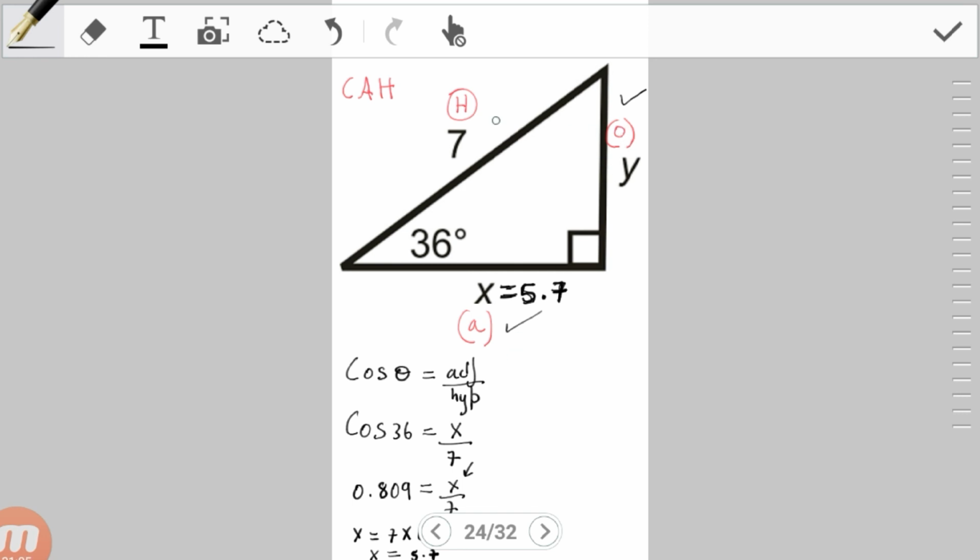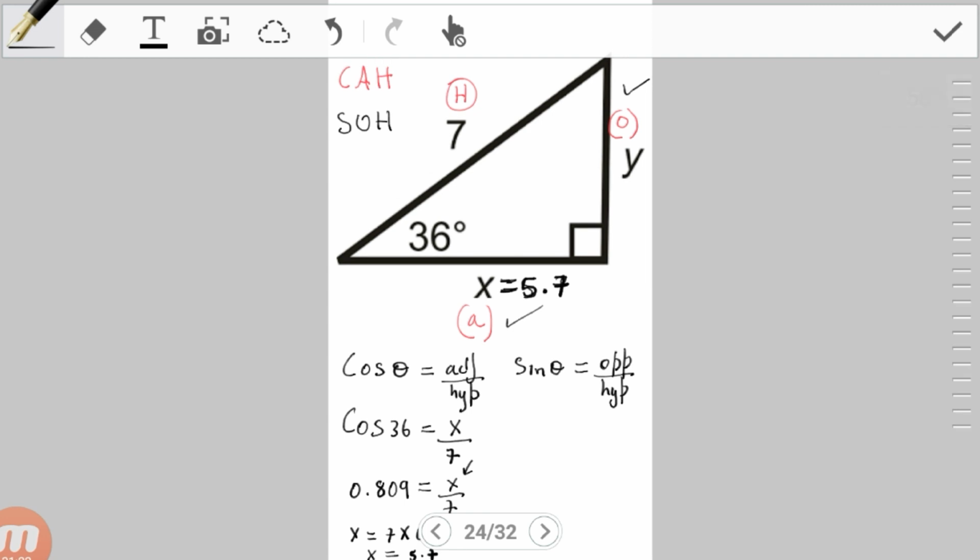So I know that O and H is sine, that is SOH. So here the sine theta is equal to the opposite side divided by the hypotenuse.